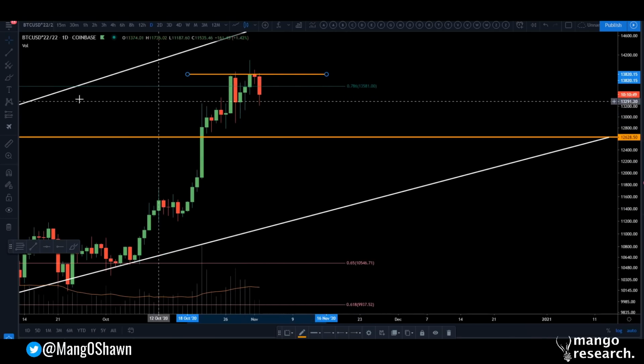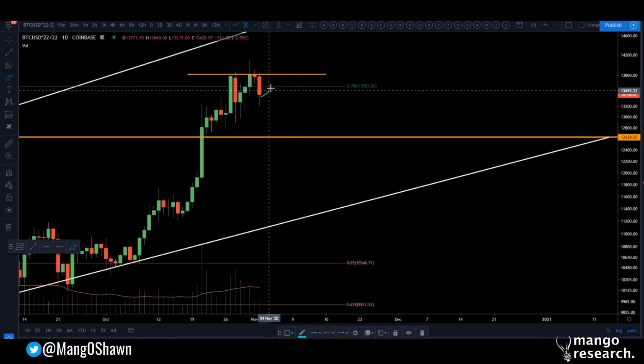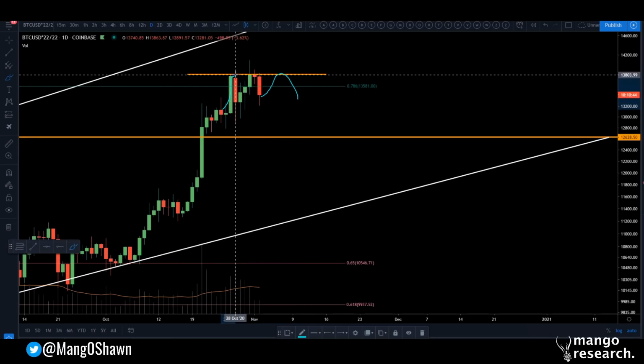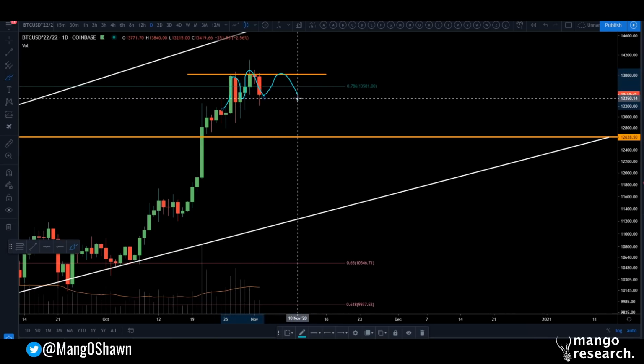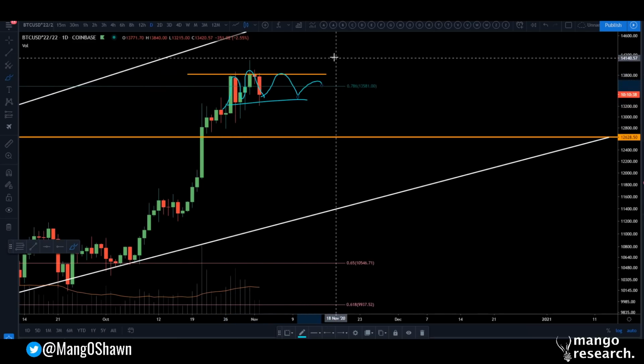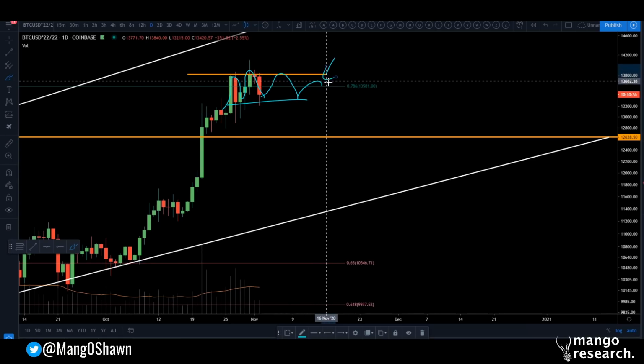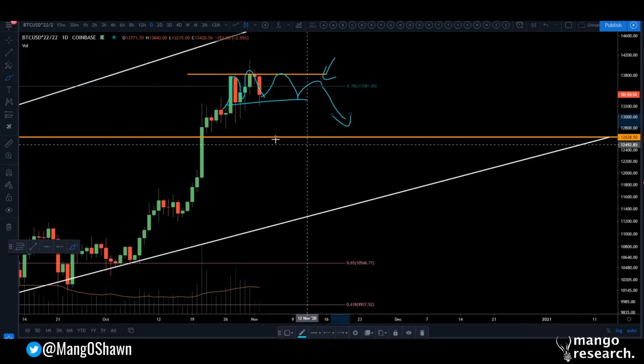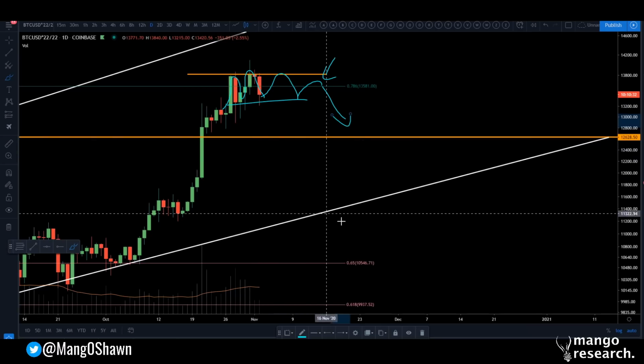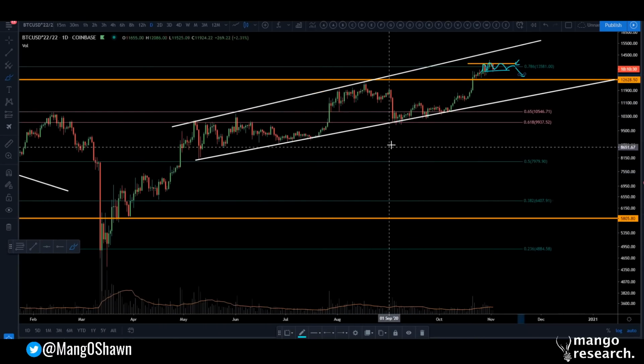But for now, there is a threat of putting in a top-like formation, right? You have a structure like this that doesn't need to be the head and shoulders that a lot of people are going to look for. You could put in another upthrust over here and attempt to push higher, get rejected, and then see that down move. Now, this would actually line up with our thesis that we were discussing weeks and weeks ago, right?